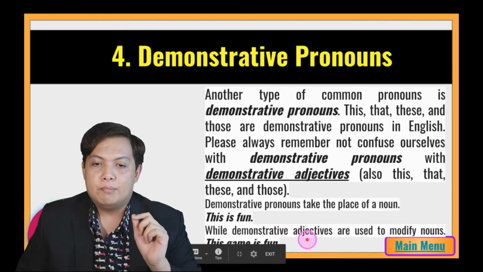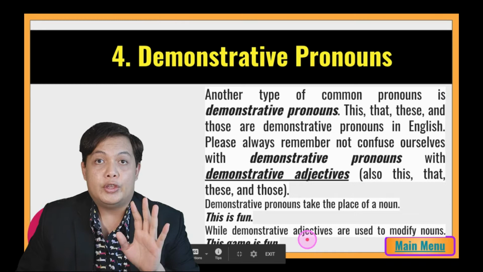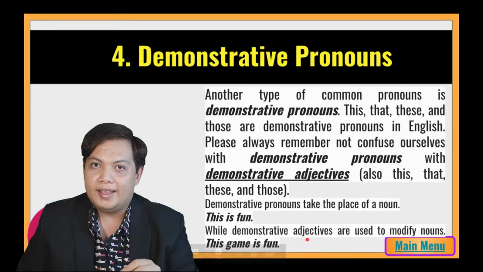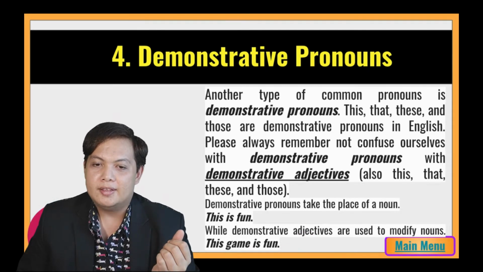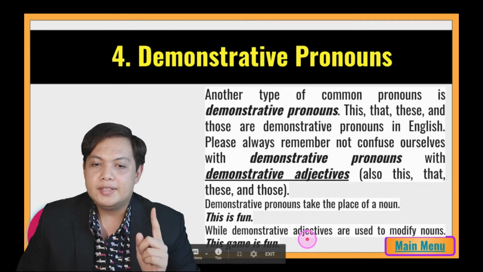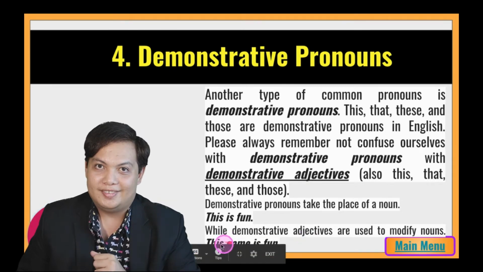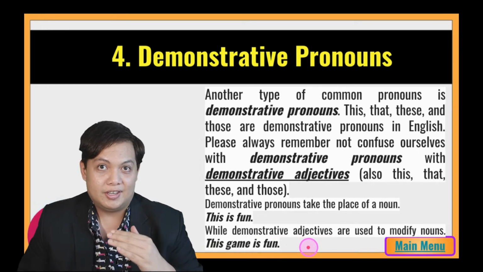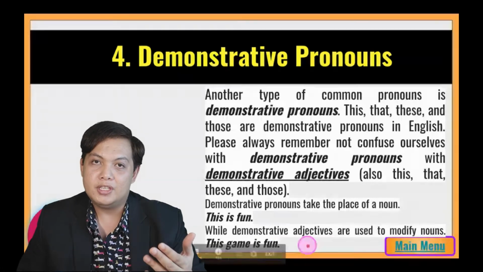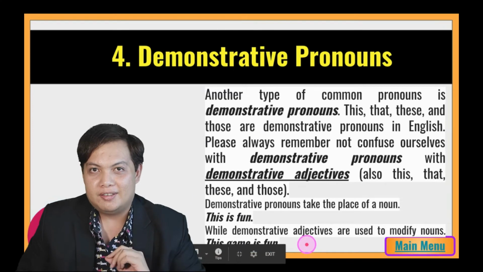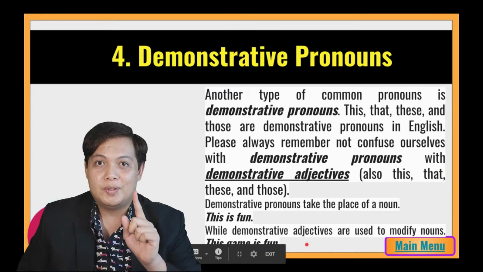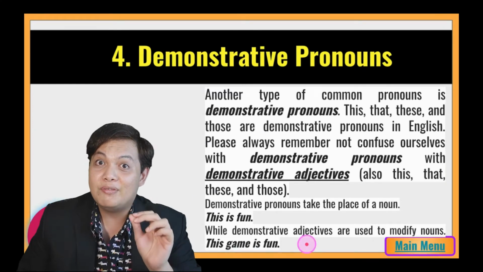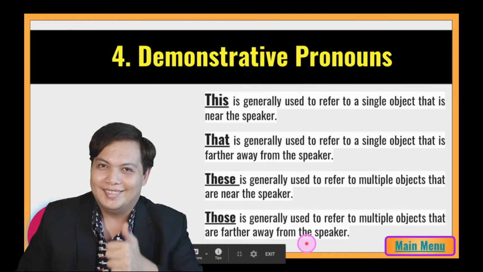Say, for example: This game is fun. So you see now the difference between demonstrative pronouns and demonstrative adjectives. More of that when we see each other again in our live class on July 1st.